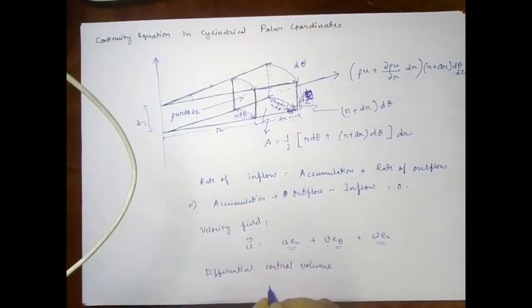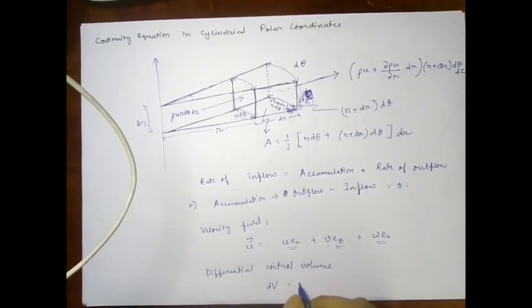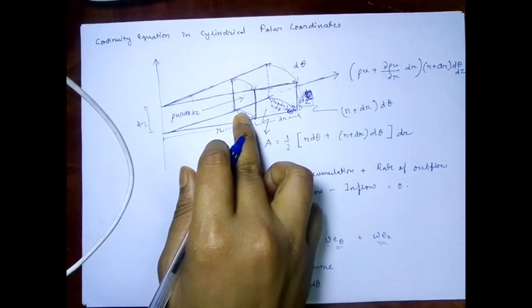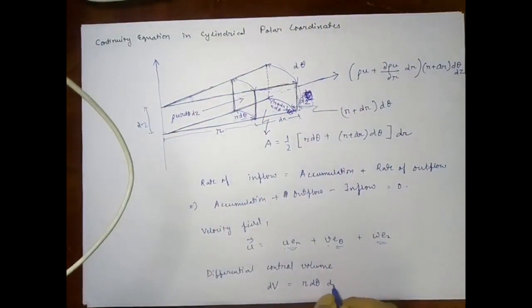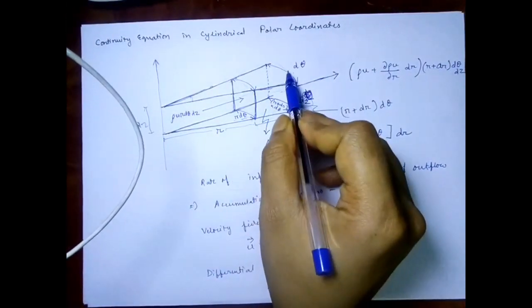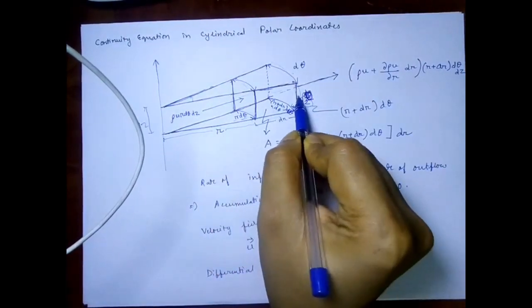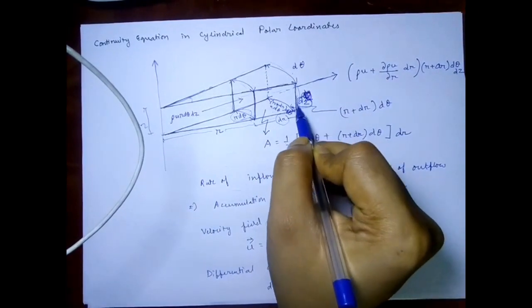So the differential control volume will be dV equal to r d theta, which is this dimension, times dr. If we consider it almost like a cuboid, we just multiply the three dimensions, r d theta, dr and dz.